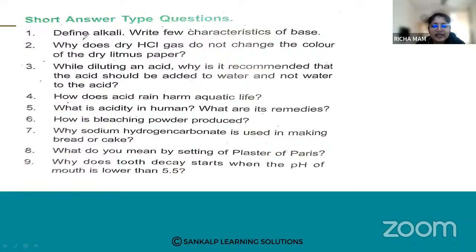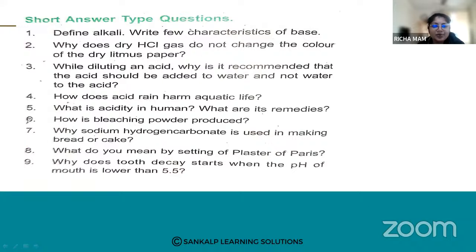Why does tooth decay start when the pH of the mouth is lower than 5.5? How are you going to answer this?